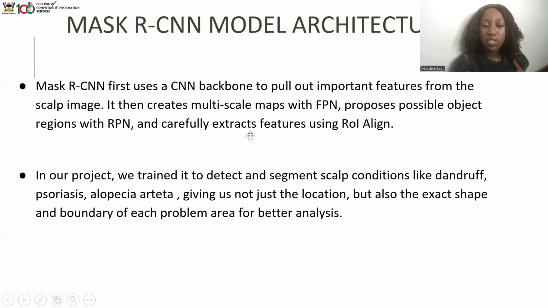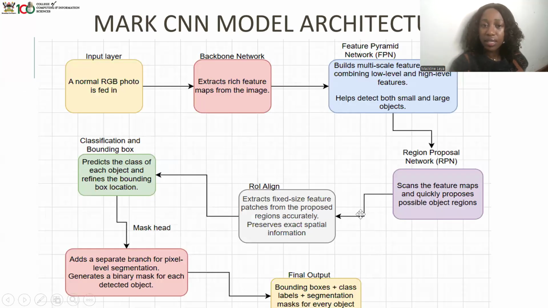In our project, we trained it to detect and segment scalp conditions like dandruff, as that is our main goal, giving us not just the location but also the exact shape and boundary for each problem area for better analysis.